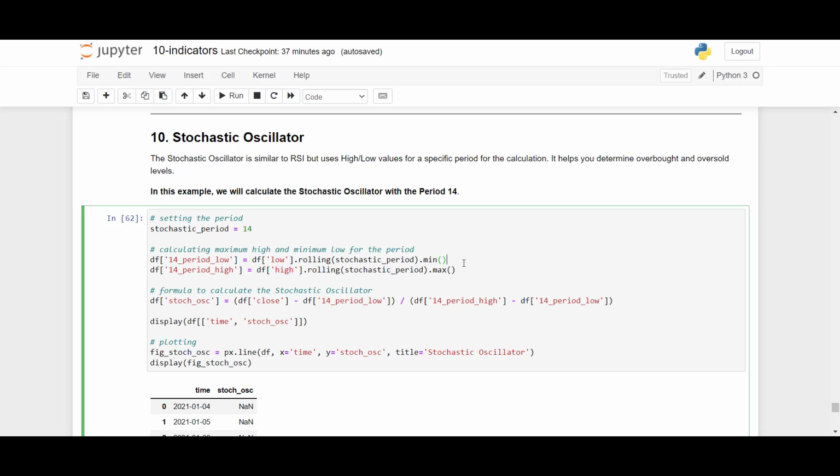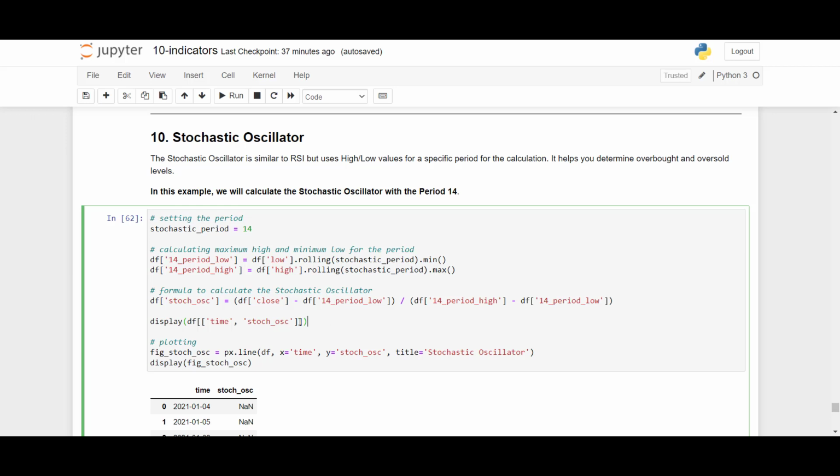So after calculating the minimum low and maximum high for the period 14, the stochastic oscillator is defined using this formula. We take the current close price minus the 14 period low, and we divide this entire value by the 14 period high minus the 14 period low.